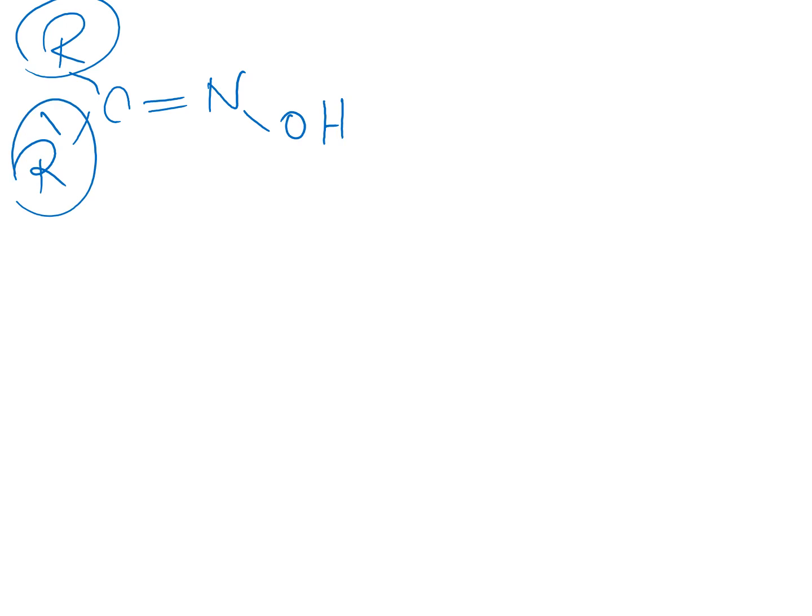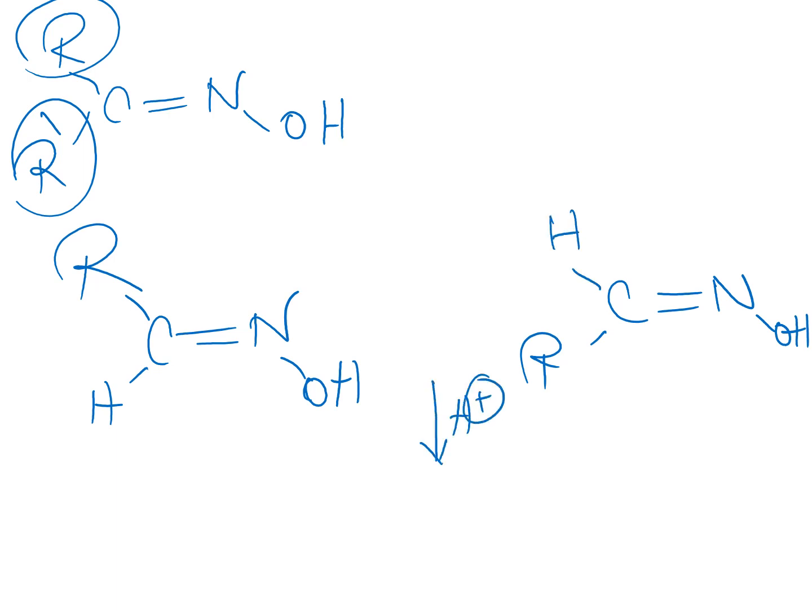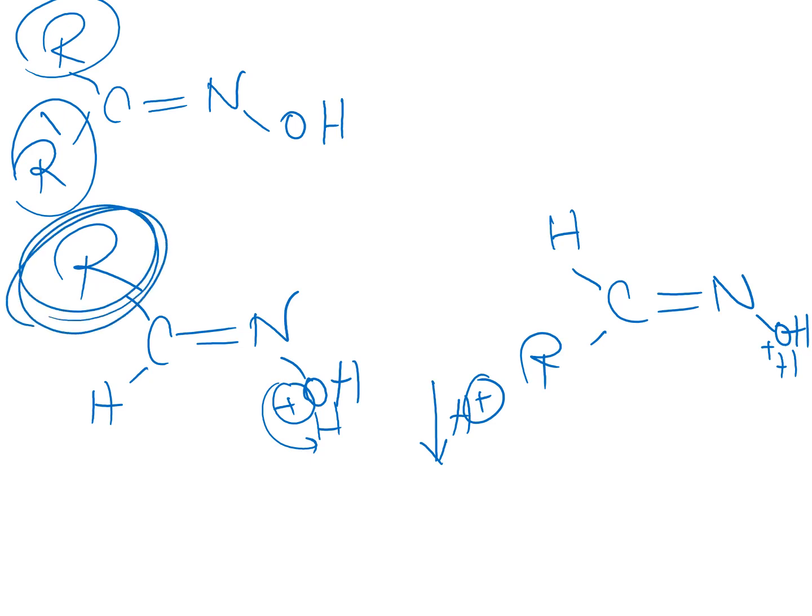You use Beckmann rearrangement. Now, if you have an aldoxime, this is the syn aldoxime, and you have the anti-aldoxime. Again, if you add a drop of inorganic acid, something like sulfuric acid, for example, you will protonate the OH of the oxime. If you have an R in the anti position, as we said, the group in the anti position is the one that actually reacts. So an R will not easily migrate if you have a hydrogen attached to the carbon.